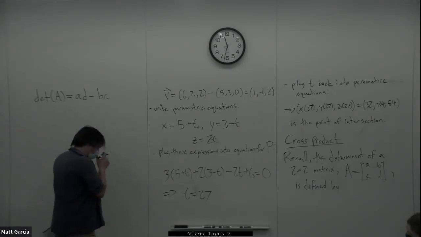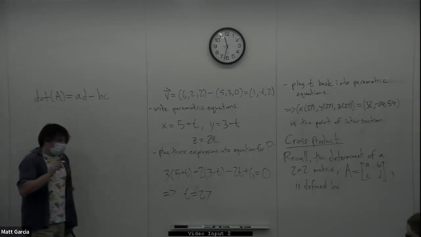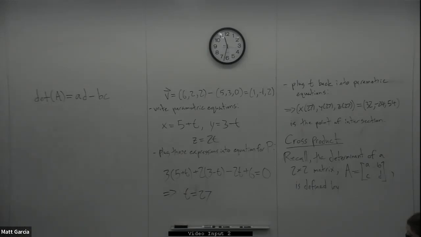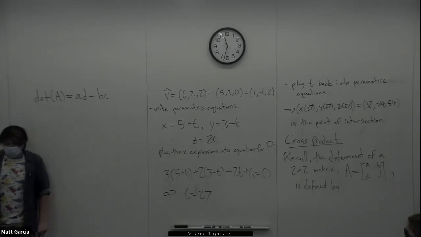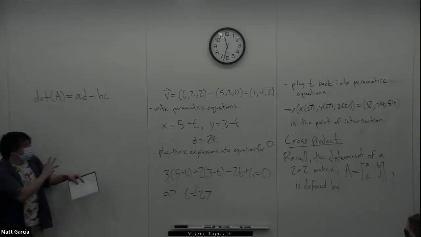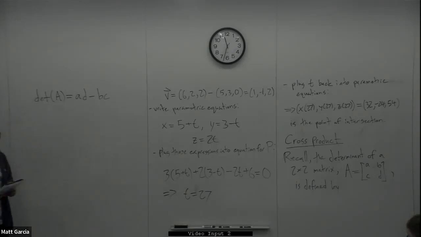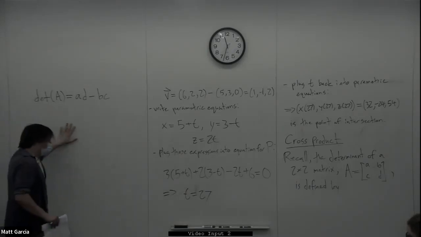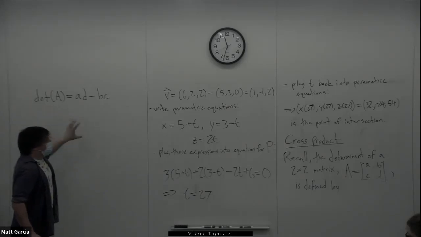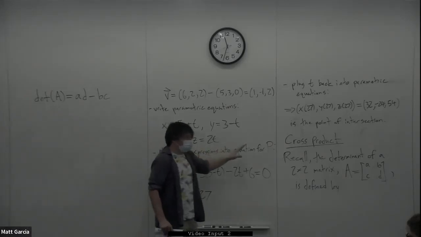This is because in order to compute the cross product, we're going to have to take the determinant of a 3 by 3 matrix. Taking determinants of arbitrary n by n matrices is a very time-consuming process and highly annoying. But 3 by 3 matrices, one step beyond a 2 by 2, is not so bad. And we'll only be doing it in this specific situation when we're working with cross products.